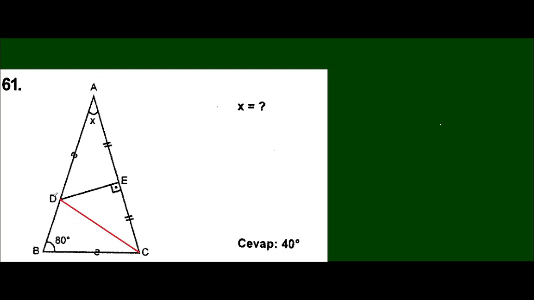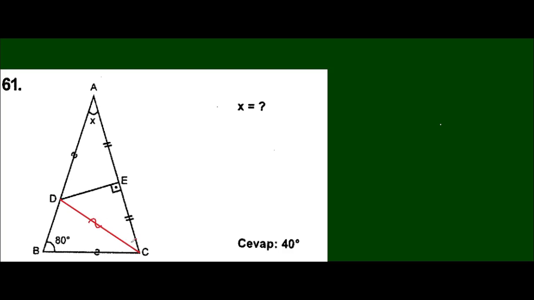Why is it so? Because we can see that the DE line is the altitude and at the same time the median. So this side will be equal to DA. DA is equal to DC.